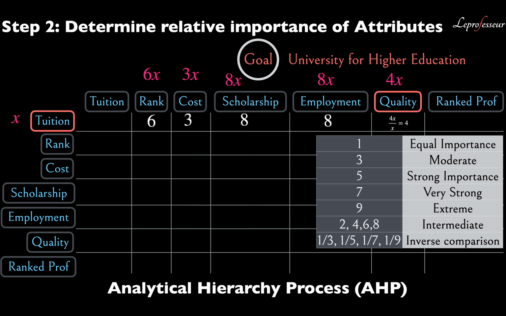Good. Now let's talk about the ranked professors. How many professors are ranked high, or how many professors are able to publish in top ranked journals? So that percentage, some number. How important is that? Well, I'm going for a PhD program.